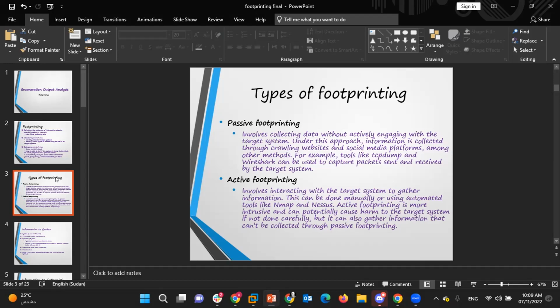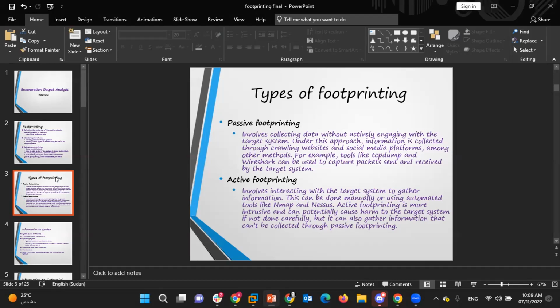Active scan or active footprinting looks like social engineering. The attacker prefers in this scan to communicate directly with the person he needs to attack, or the company he needs to attack.